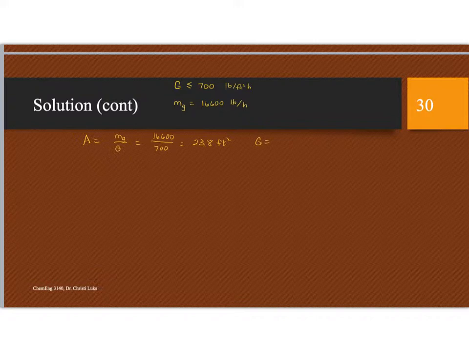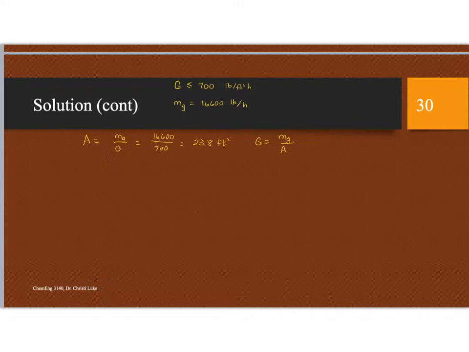Or G, we could also say, is going to be the mass flow rate of the gas divided by the area. So now let's think about this, because we know we can't have G to be any larger than this. So do we want to choose a larger A or a smaller A?